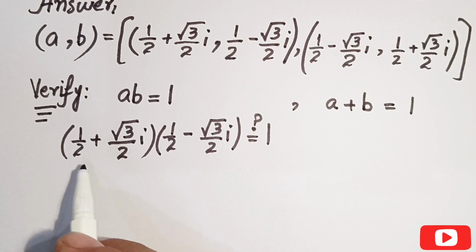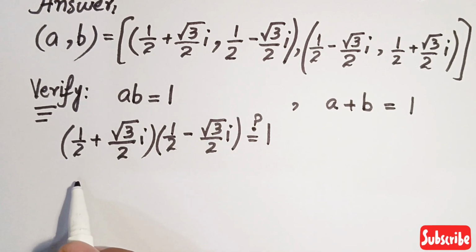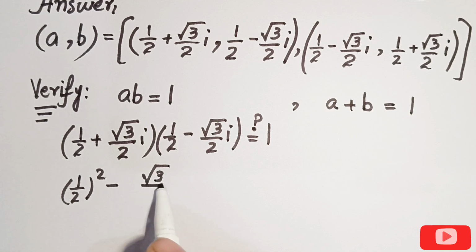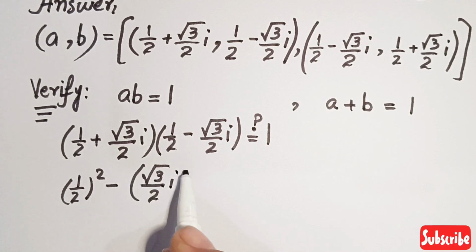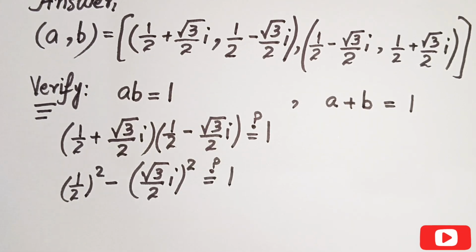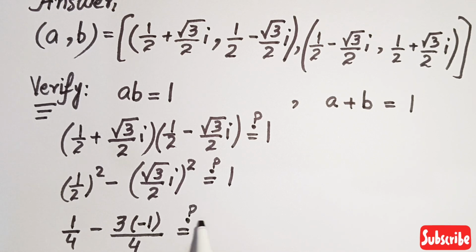Now here we know that it is a plus b and a minus b, then we get a squared minus b squared. So here we just write a squared, which is 1 over 2 whole squared, and minus square root of 3 over 2 i, it is our b, whole squared, is it equal to 1. Now we have 1 over 2 whole squared is 1 over 4, minus this square root of 3 whole squared is 3, and i squared is minus 1, over 2 squared is 4, is it equal to 1.